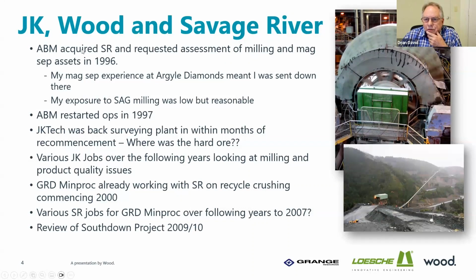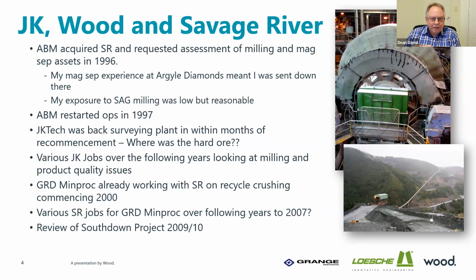And just a bit of a story about why there's a good connection here between myself, or JK, and the Savage River operation and Grange in general. Australian Bulk Minerals acquired Savage River in 1996.